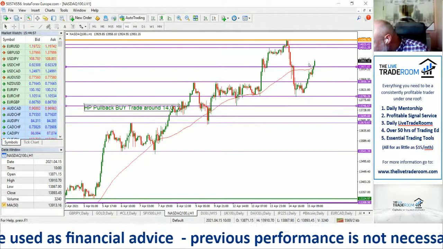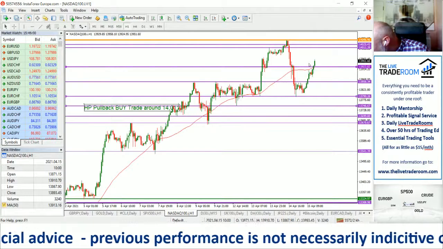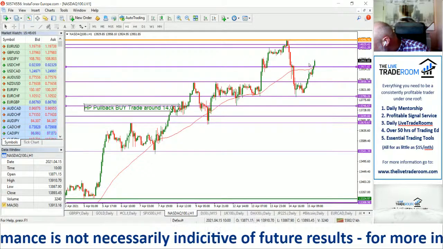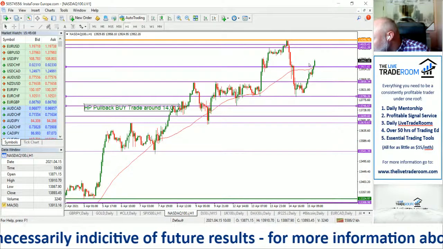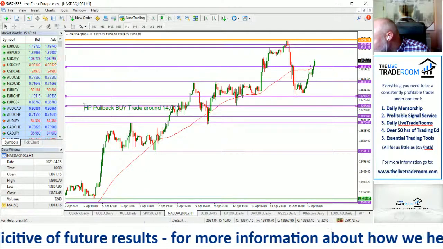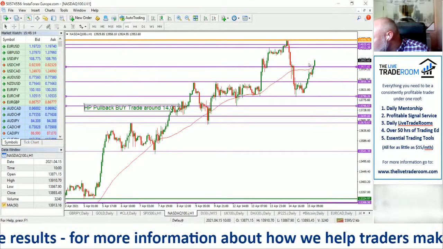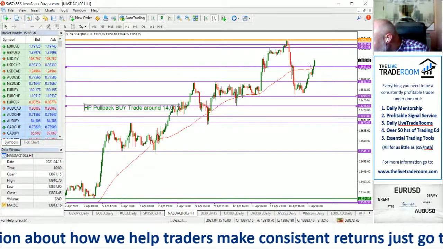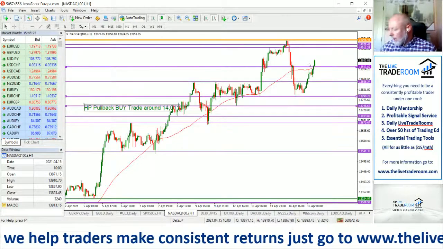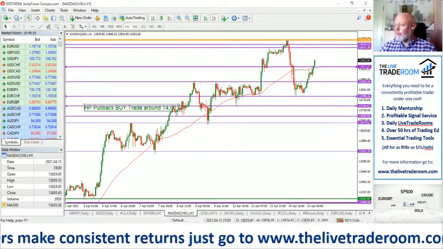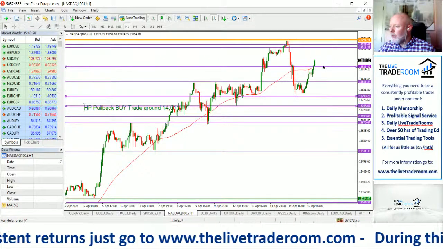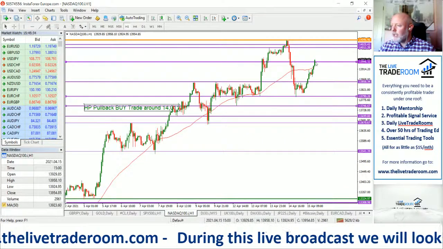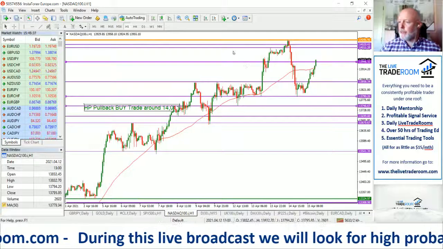Let me see what price I've got on these. Yeah, so the 13,945 level to the upside. So just at that high in there, with this price pushing to the upside.